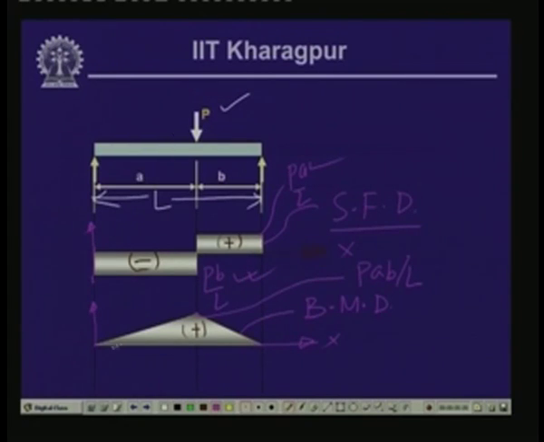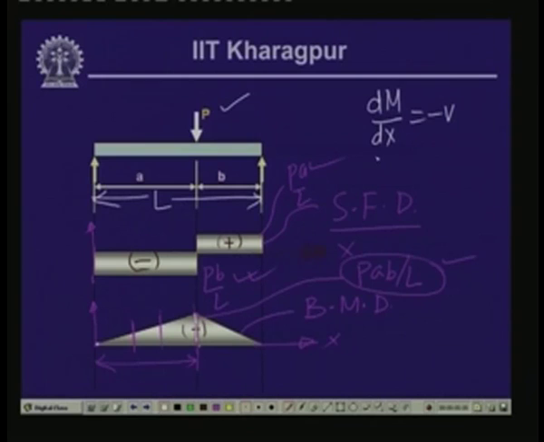In all other places the values of the bending moment are less than this value of P a b by L. Also, along this particular segment between 0 to A, the slope is a positive slope, because the larger value minus the lower value will give a positive value over this length, the dM dx. As expected, dM dx is equal to minus V. Now here the moment is P a b by L, here it is 0, and over the length L.